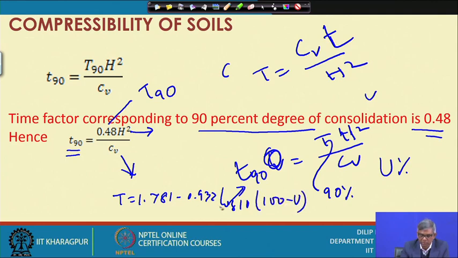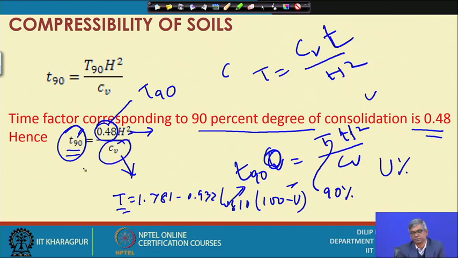If you use this equation also, with U equal to 90%, then T will become 0.848. So, T90 is 0.848 equal to CV t90 by H square, and t90 can be read from the graph. So, CV can be obtained from this.